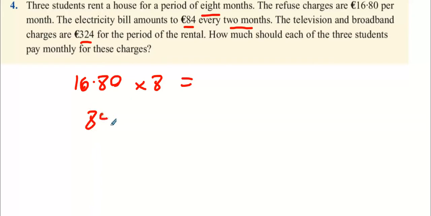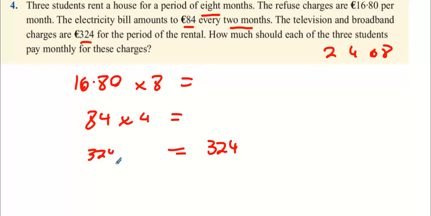It's 84 multiplied by every 2 months, so they'll only have to pay that 4 times. 2, 4, 6, 8: on the second month, the fourth month, the sixth month, and the last month. So that's going to be multiplied by 4. And then television and broadband is going to be €324, just all in one payment, okay?